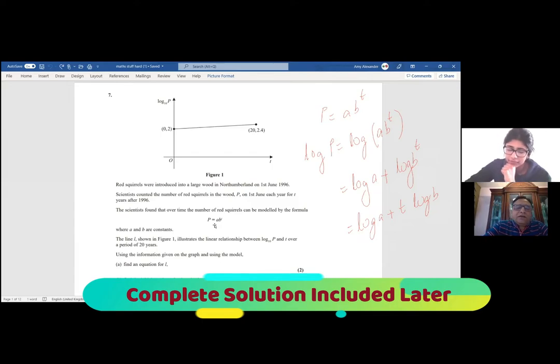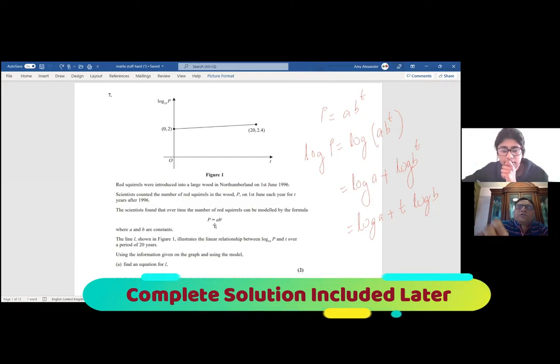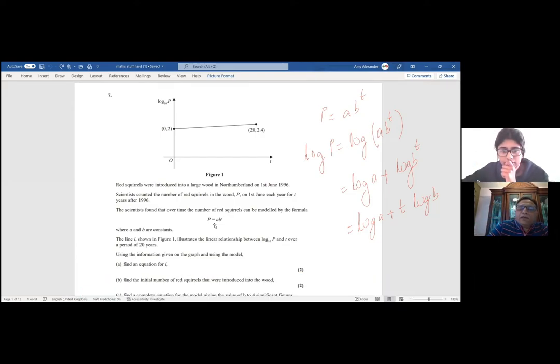So you do get log p as this. Let's write the linear relationship between log of p and t over 20 years. It's linear in a way that log of a is a constant. If you compare this with y equals mx plus b, you can see that the slope or the gradient m is log b.